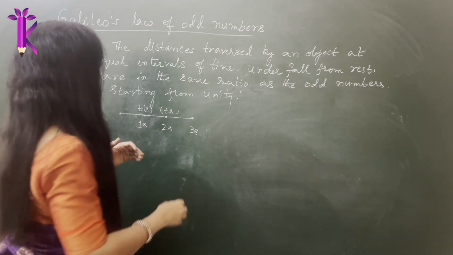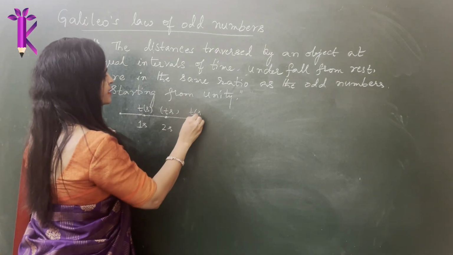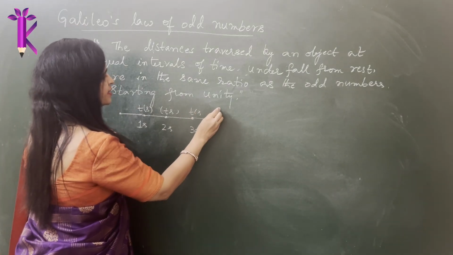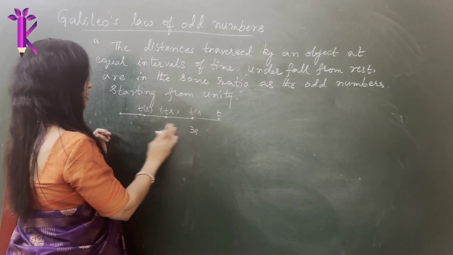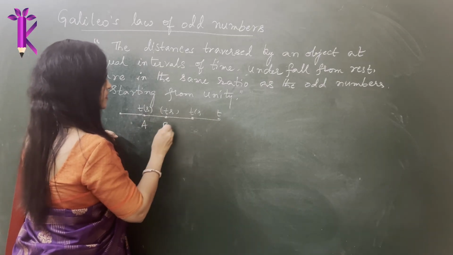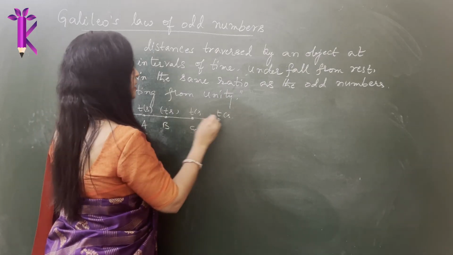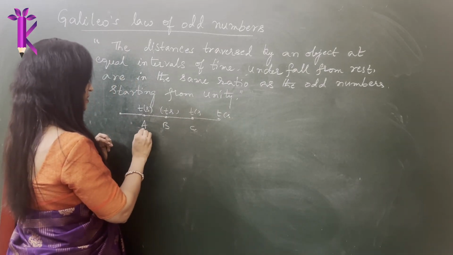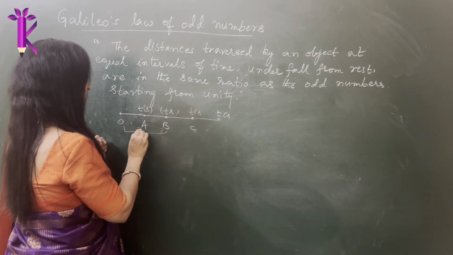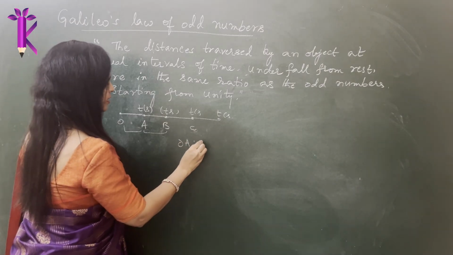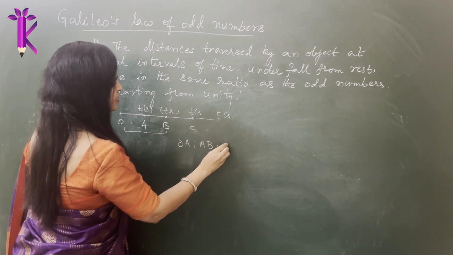So here also it takes t seconds. Again here also it takes t seconds to reach these points. Let's call these points A, B, C. So these distances which are covered in equal intervals of time are in the ratio 0 to A, A to B, B to C.